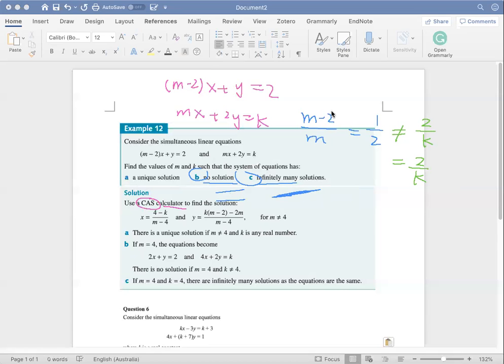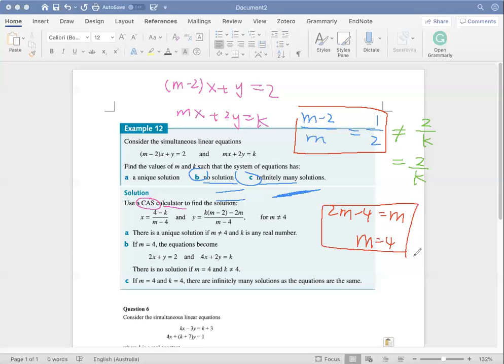Use 2m minus 4 equals m, and then m equals 4. So when m is 4, I can guarantee it is either no solution or infinitely many solutions. Then it's a half equals 2 over k, which gives me the infinitely many solutions.